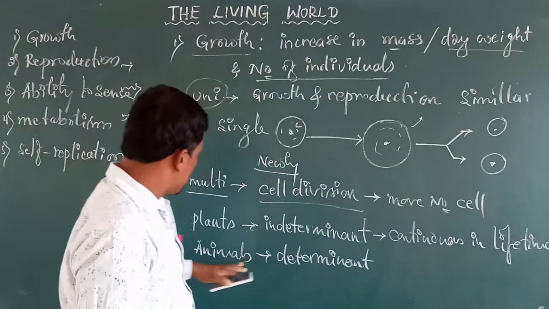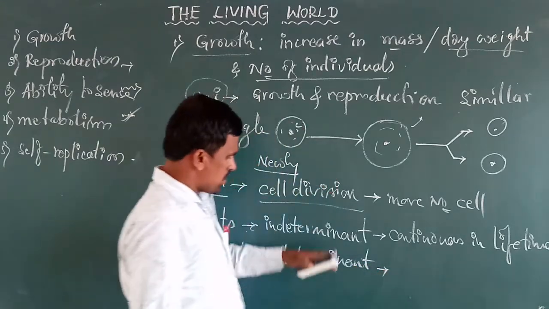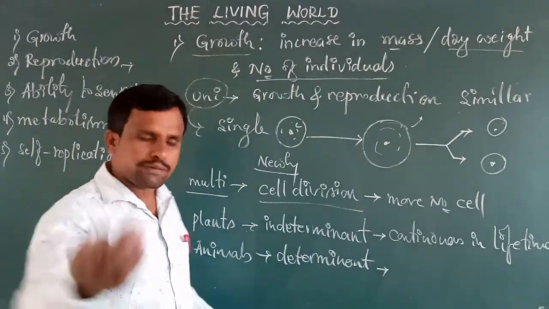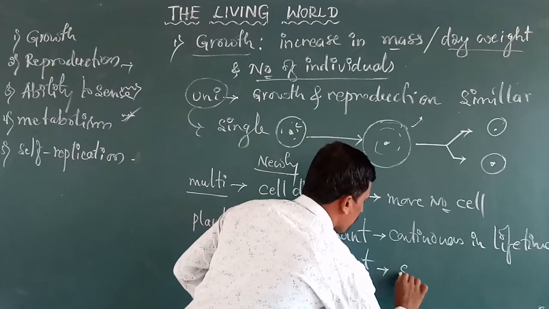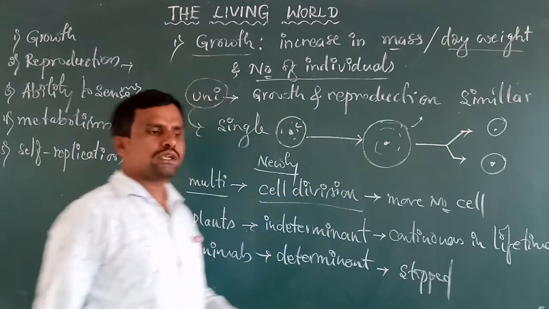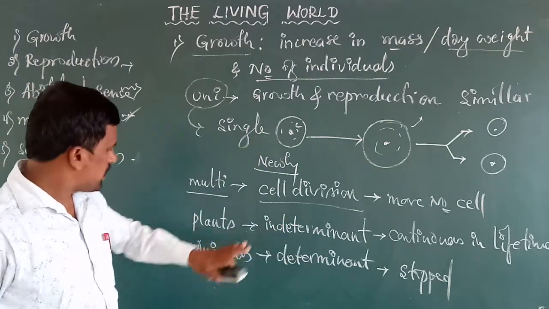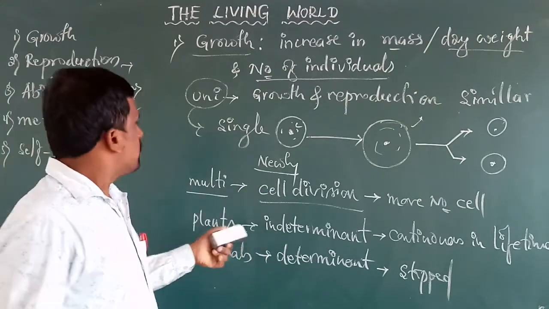In animals, growth takes place up to a particular age, after which growth is stopped. So in plants growth is indeterminate, and in animals growth is determinate.